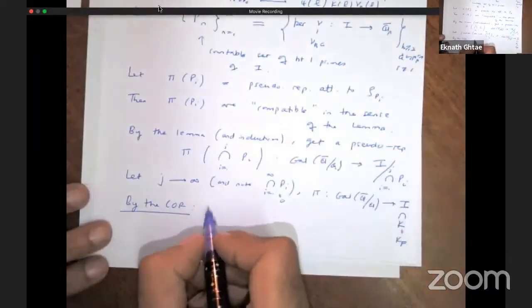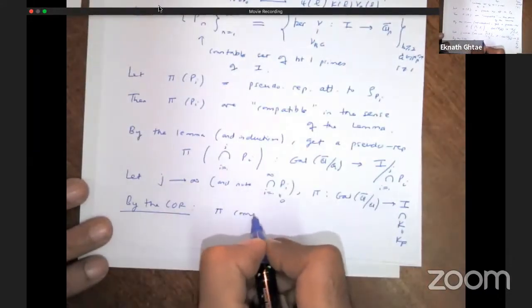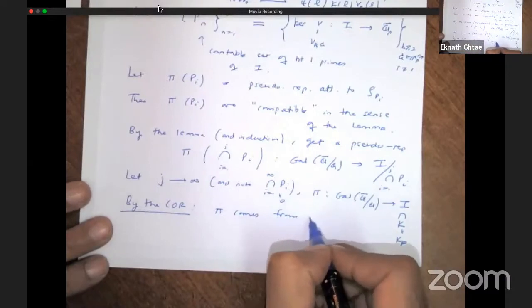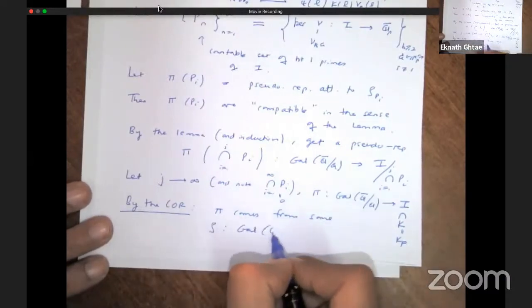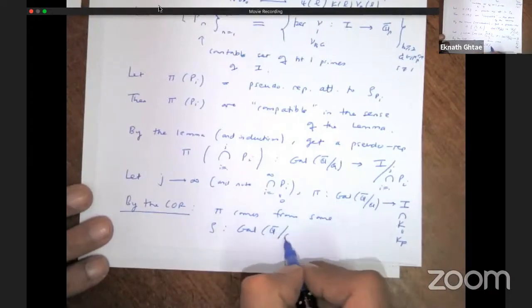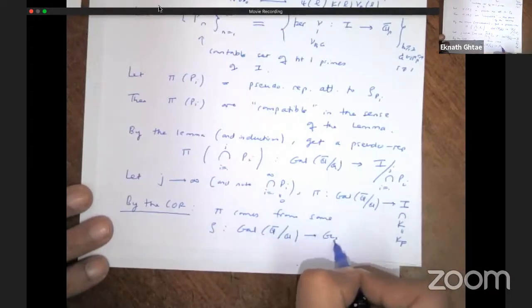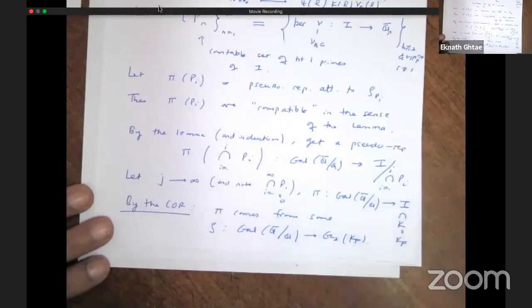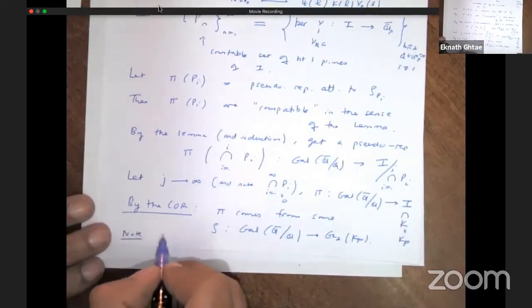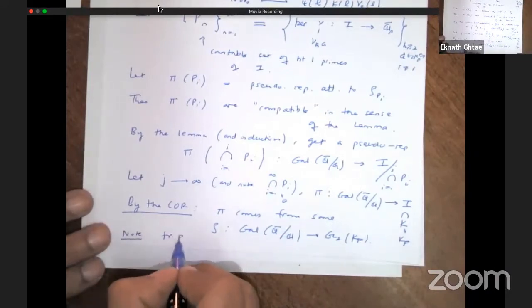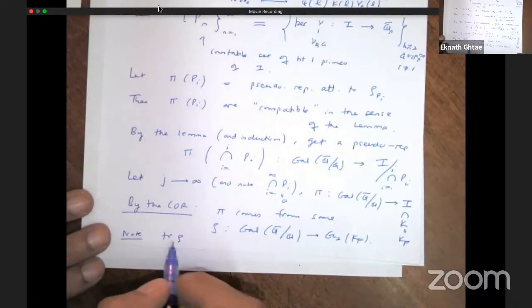So by the corollary, we now get pi comes from some rho from the Galois group of Q bar over Q to GL2(K_F). And let me just squeeze this in here. Note that the trace of rho, this is the classical trace, so I write the small trace here.